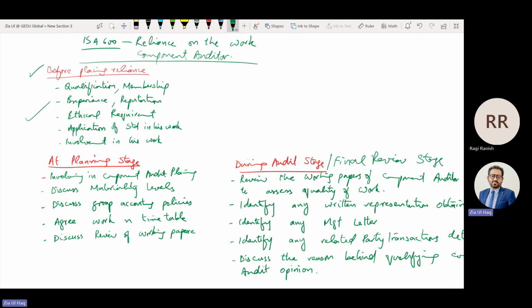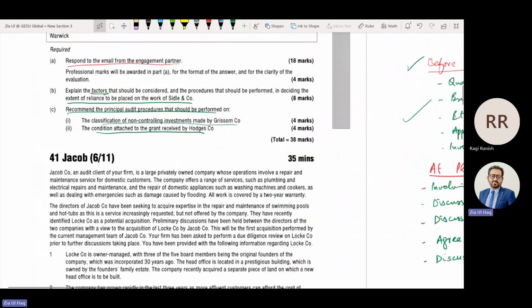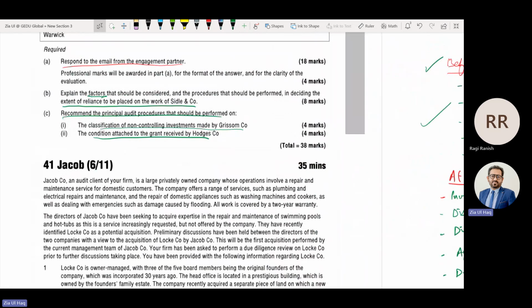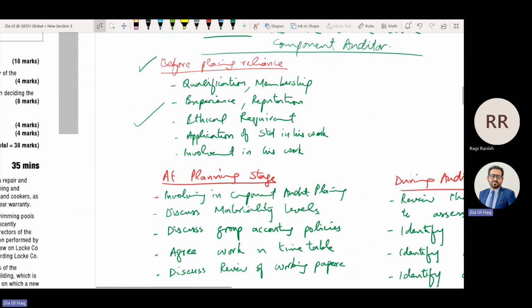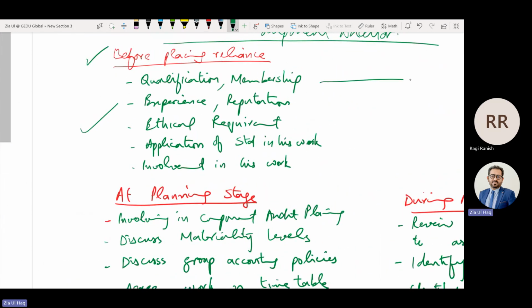To verify these factors, what procedure do we need to perform? We haven't stated when you have placed reliance on the work of the component auditor. No, while deciding the extent of reliance, whether we should rely on his work or not. So these are the factors. How to verify these factors, that is the procedure we need to write down.